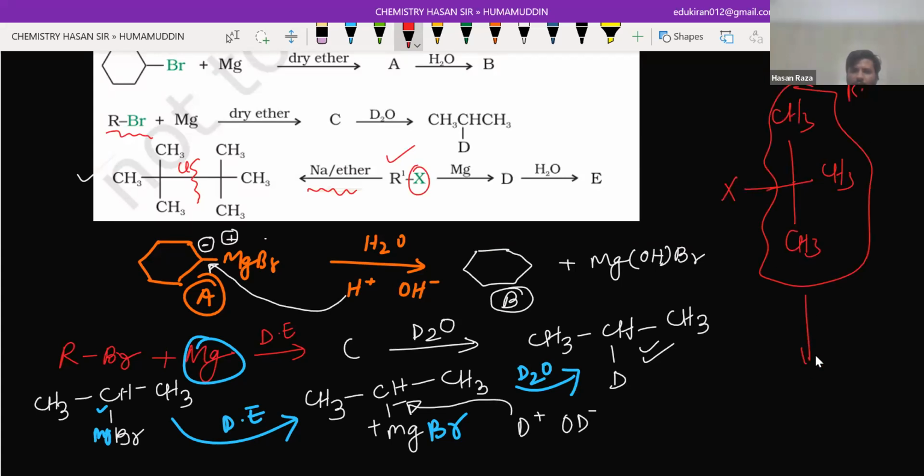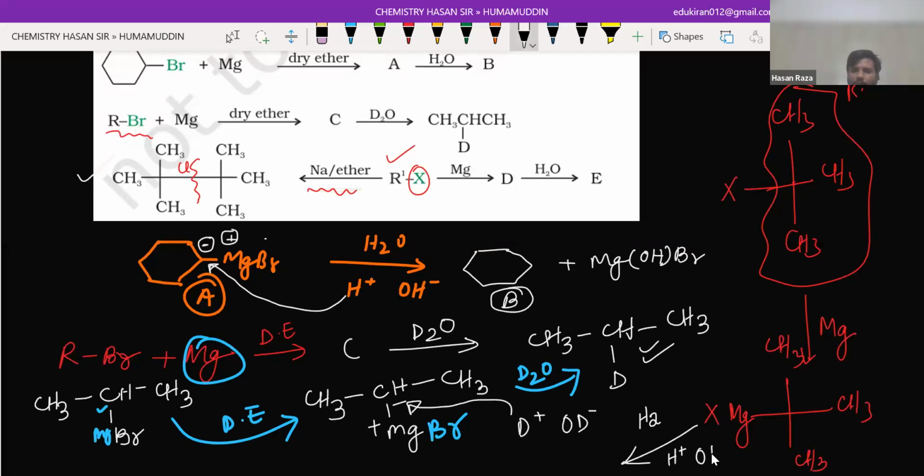And if you are going to react this with Mg, what will form? It will be like this, CH3, CH3, CH3, and magnesium will come in contact with carbon directly, X will be there. And after this, if you are going to react this with H2O, that means H plus, OH minus. There will be a positive sign, there will be a negative sign.